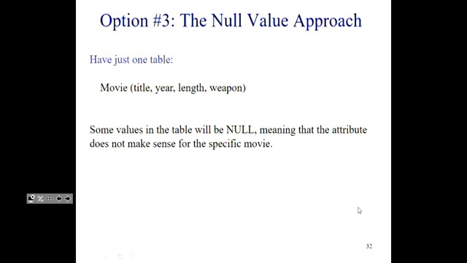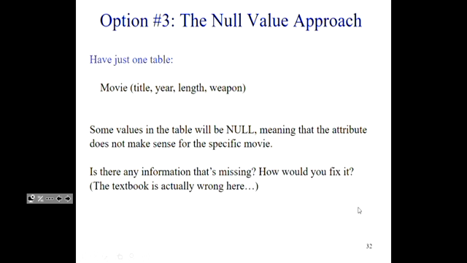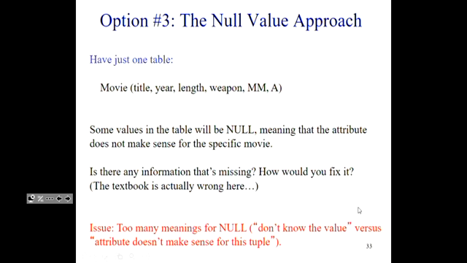And if you remember, we talked about the issue that you are losing the information about which movies are murder mysteries and which are animation movies, and therefore you need to add attributes corresponding to murder mystery and animation. So these 2 attributes were added to clarify whether a movie is a murder mystery or not and is an animation or not. So this was the null value approach.